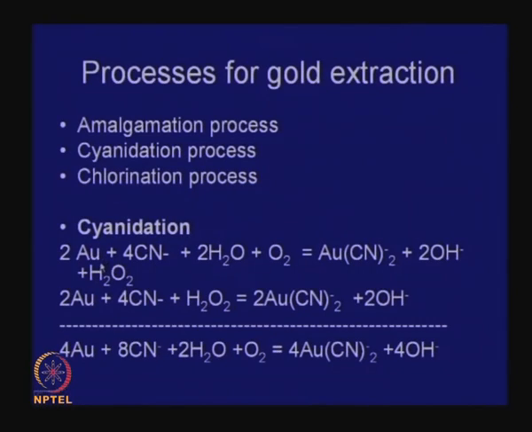Now, there is silver with gold. So, the gold will also undergo the same reaction. I am showing only the anion side, that cyanide anion reacts with gold to form Au(CN)2 minus. So, this is taken into solution.